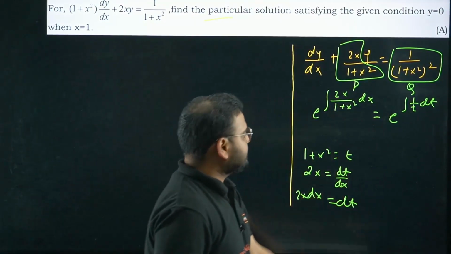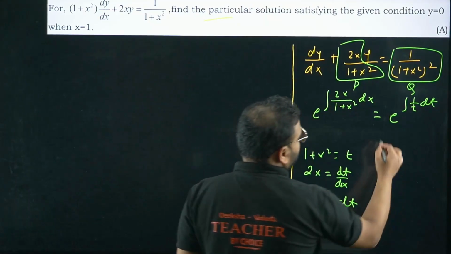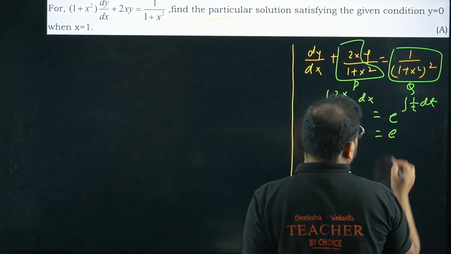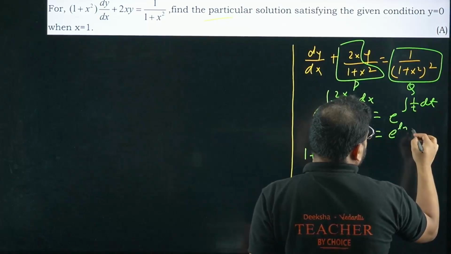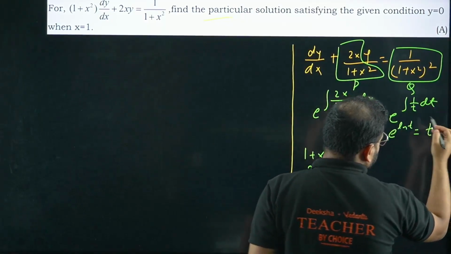The integral becomes e power integration of 1 by t dt, so the whole thing becomes e power ln t, giving me simply t.